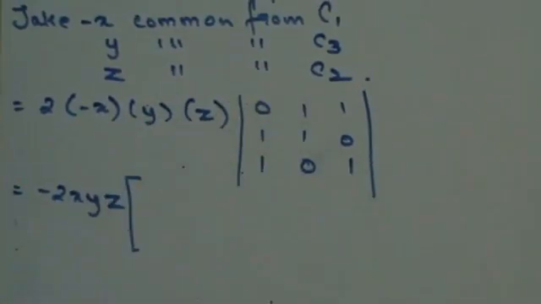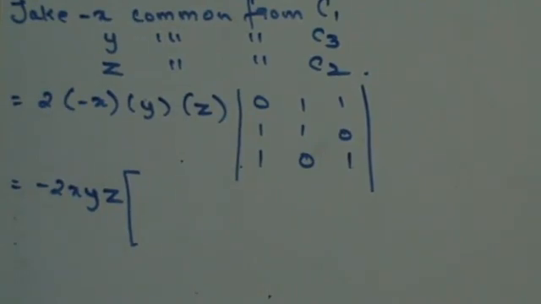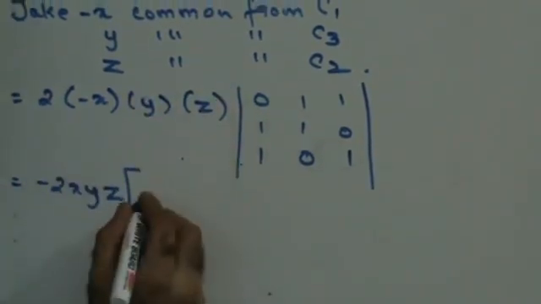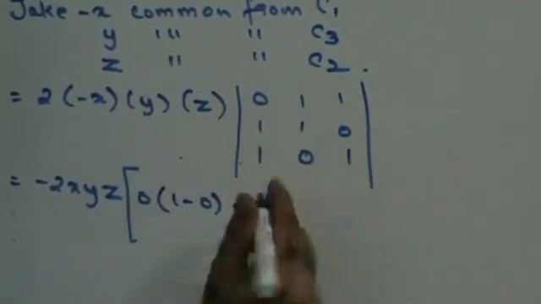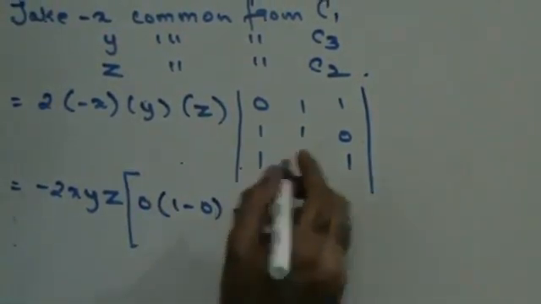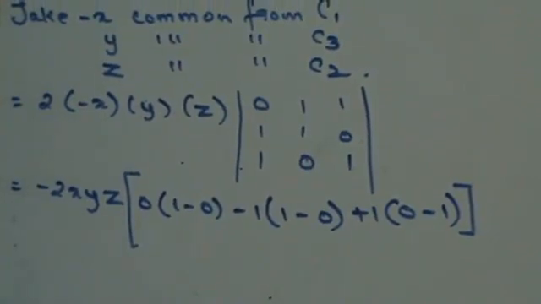Now solve this determinant by actual expansion. I've already explained to you how to do a 3 by 3 expansion. So this will be 0 1 minus 0 minus 1 1 minus 0 plus 1 0 minus 1, right?